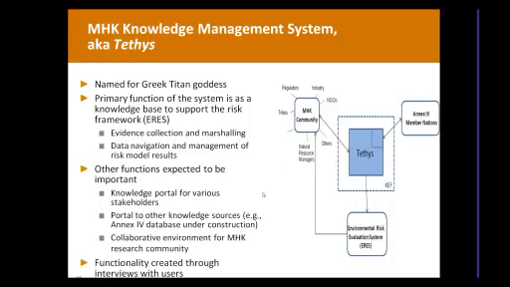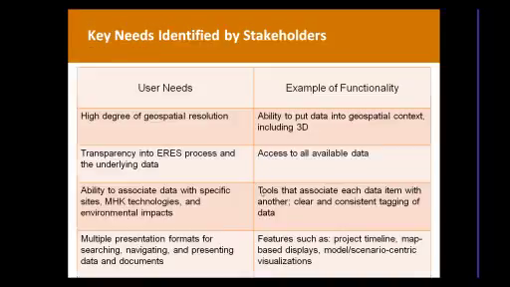The functionality that we're building has been created through interviews with the users, which you should see on this slide. This is just a subset of the most important user needs that were identified through a series of interviews with 8 different stakeholders, telephone interviews conducted over a period of about a month.